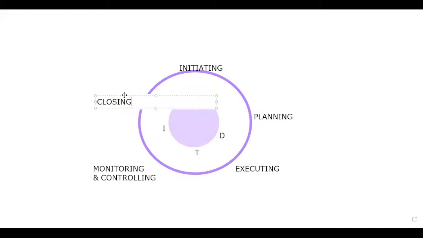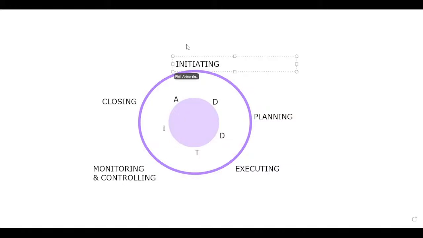So when you get a question, you need to ask yourself, where am I? Am I in initiating? Am I in planning? Am I in executing, monitoring, and controlling, or closing?